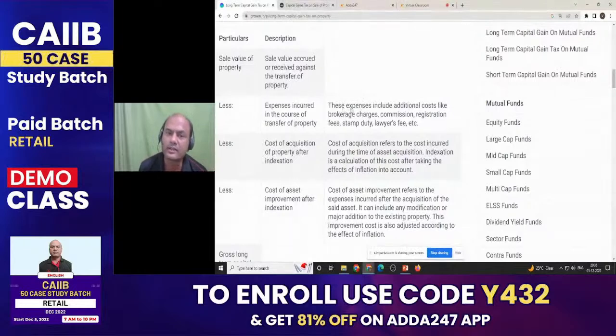You can also get theory on this. The theory will be like, while calculating the long-term capital gains, are expenses incurred in the course of transfer of property, meaning legal charges for transfer of property, added to the sale value or subtracted from the sale value? That will be asked to you.